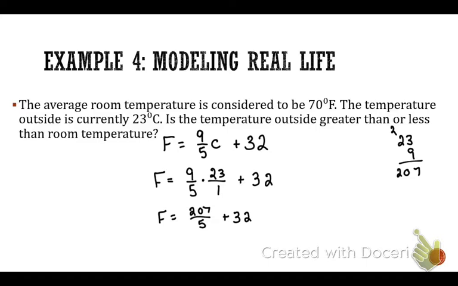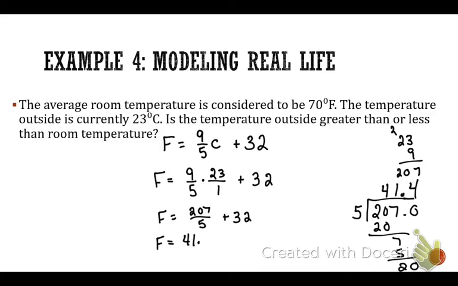You need to do the division. 207 divided by 5. 5 goes into 20 4 times. 5 goes into 7 1 time. 2 left over. Add your decimal. Bring it down. 5 goes into 20 4 times. So F equals 41.4 plus 32.